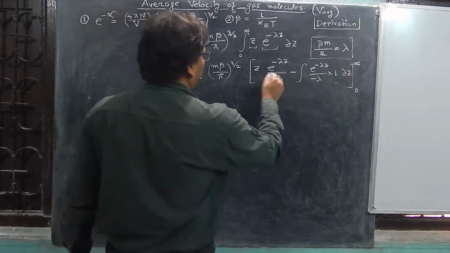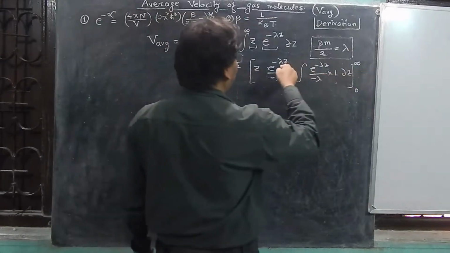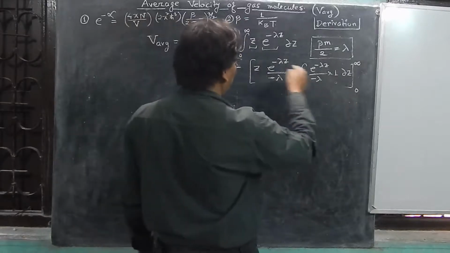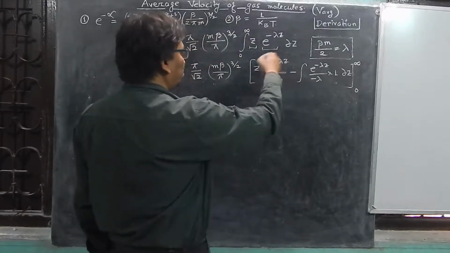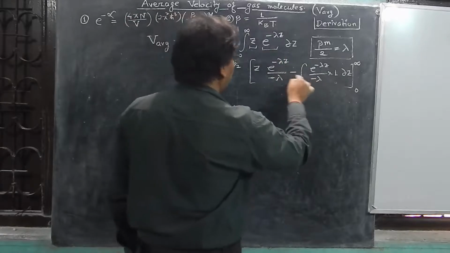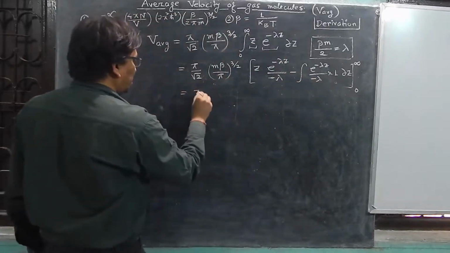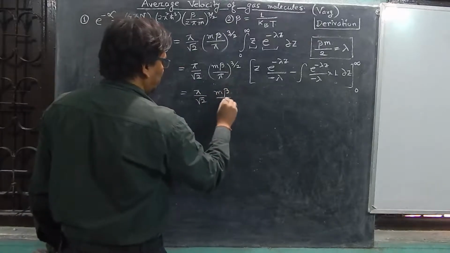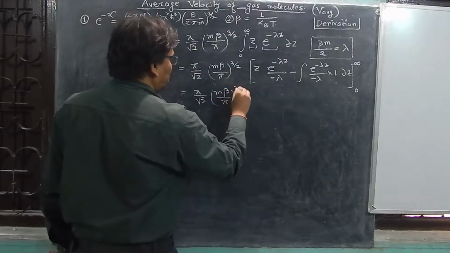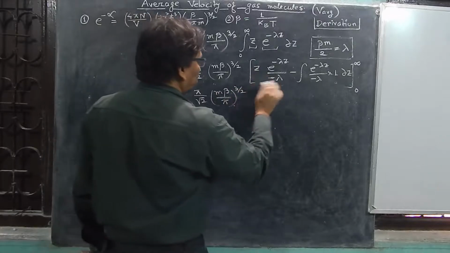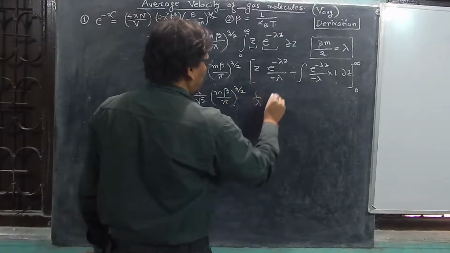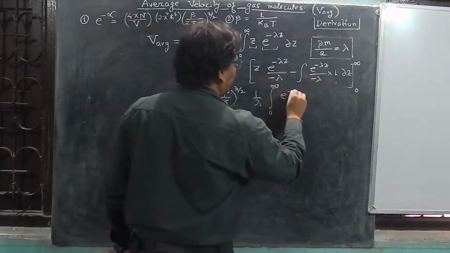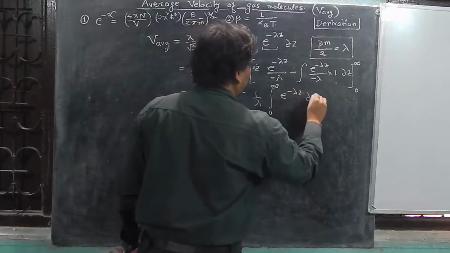The first term: if we put infinity, e to the power minus infinity is 0, and when we put 0, z is 0, so this part will be 0. The remaining part is pi by root 2, m beta by pi whole to the power 3 by 2, times 1 by lambda, and the integration from 0 to infinity of e to the power minus lambda z del z.